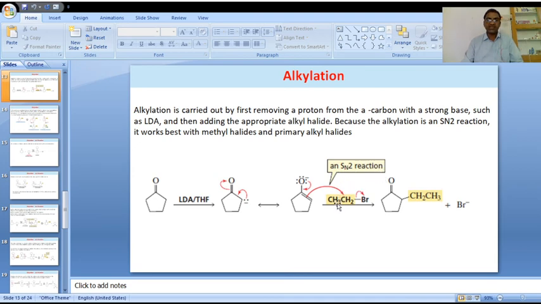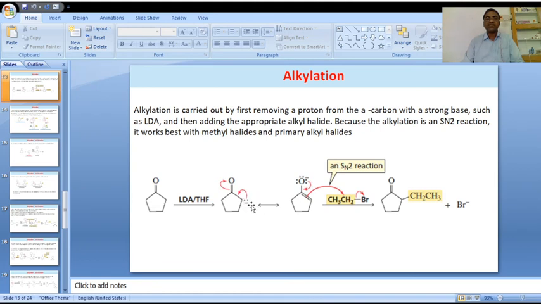SN2 reaction means here the alpha carbon bonds with the alkyl group, and in a single step, at the same time, there is cleavage of the bromide ion, because the reaction proceeds by the SN2 mechanism. Is it clear?